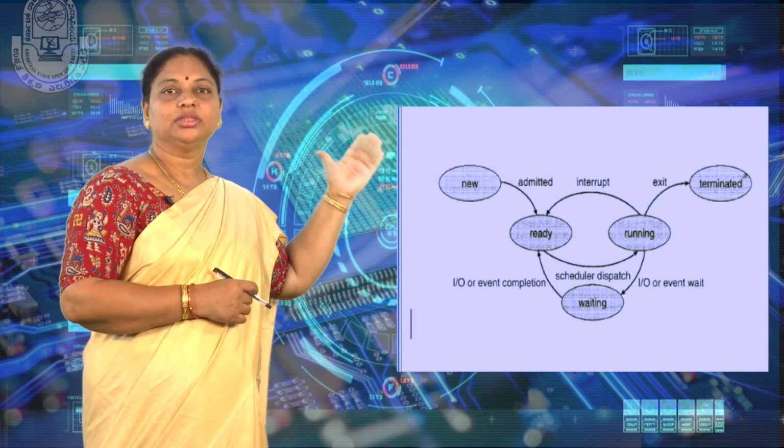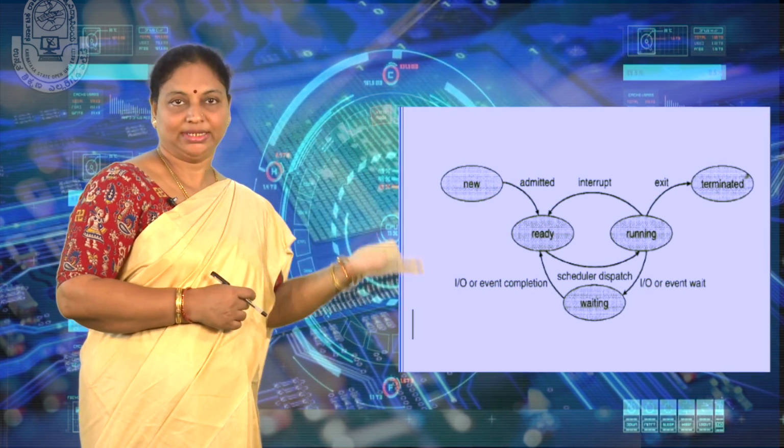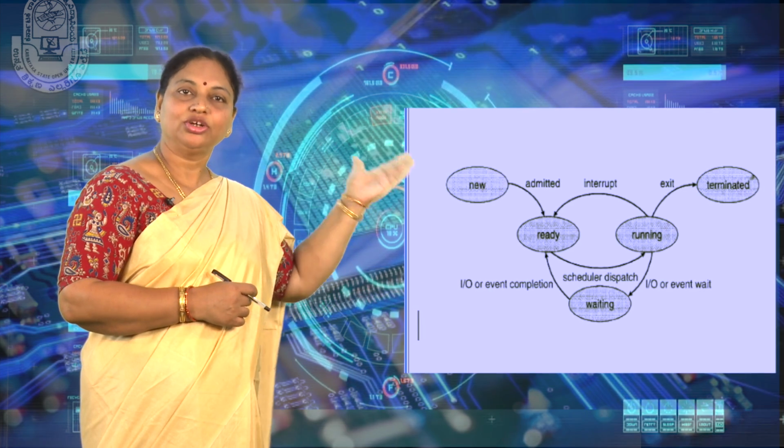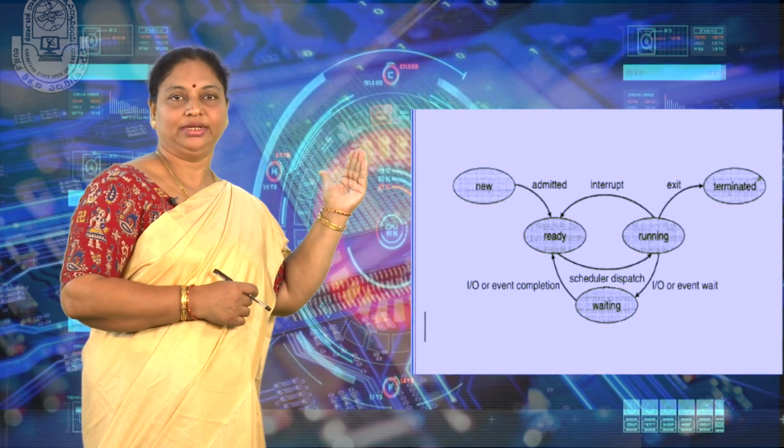Based on which state it is in at a time, we say that is its current activity. Each process may be in one of the following states. The first one is new. Once we create the process, it will automatically enter the new state.